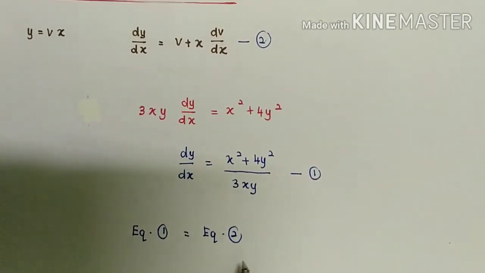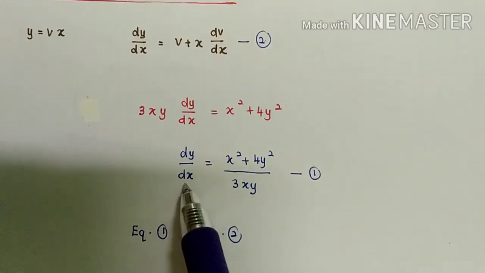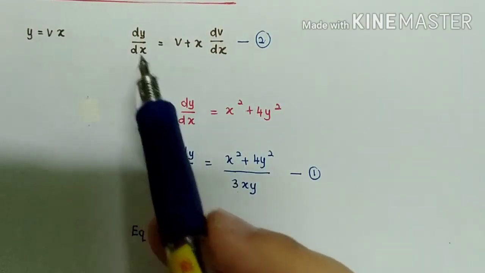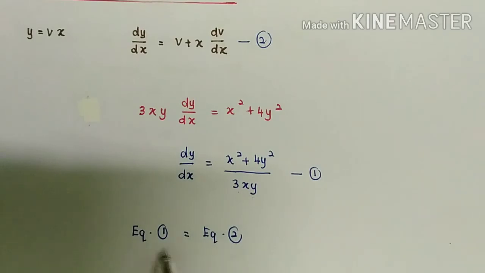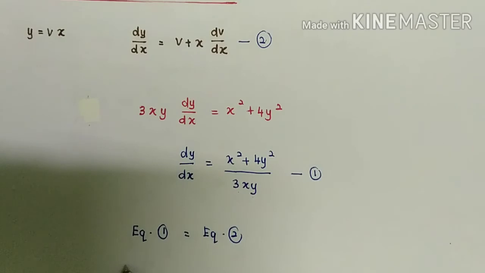For equation 1 the left side is dy/dx, and for equation 2 the left side is also dy/dx, so that's why we can equate both equations. We get x squared plus 4y squared divided by 3xy equals v plus x dv/dx.